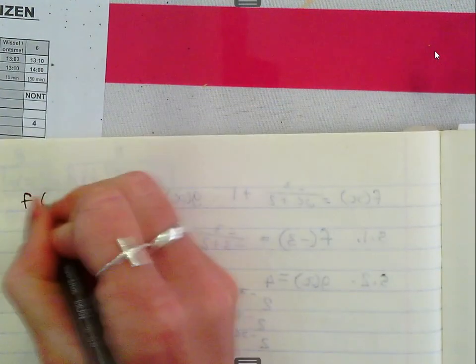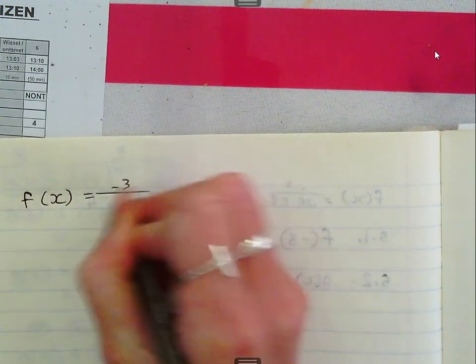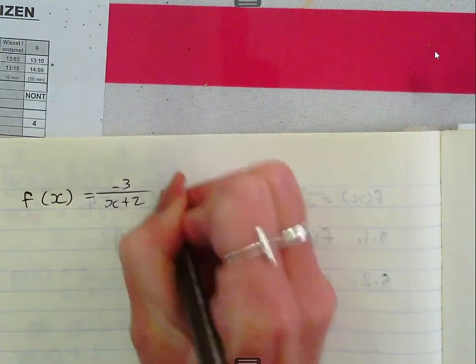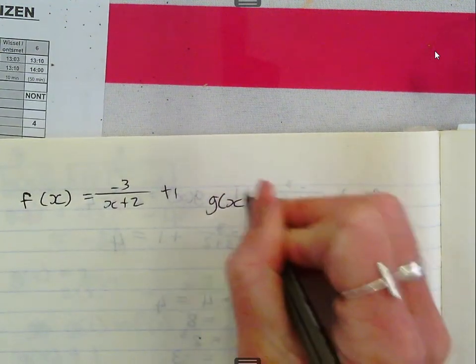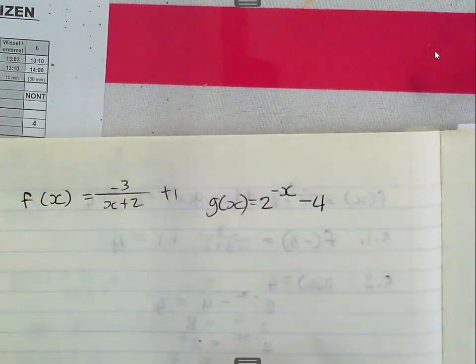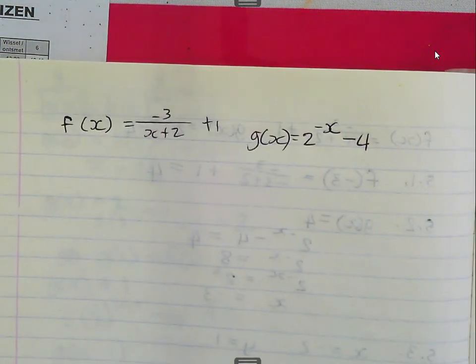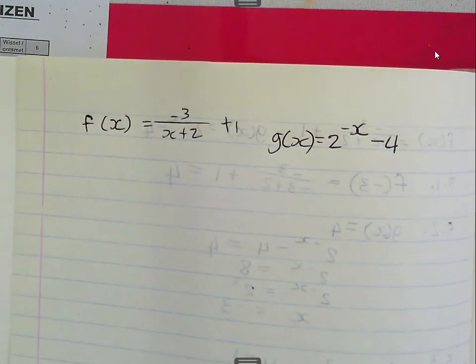Okay. Let's do some planning. I'm just going to write down the functions again because I'm on a new page. Are you going to try to sketch it as well for homework?